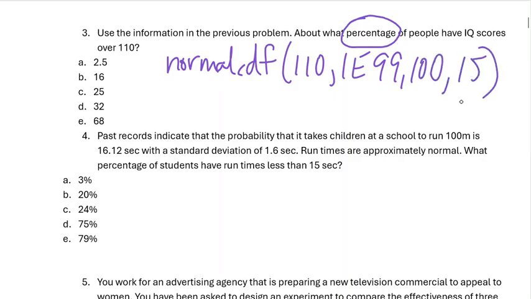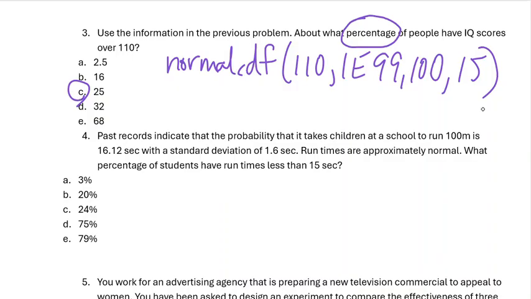It's not a sampling distribution problem. We just want to know the percentage that will have scores like that. And when we do it, 110, 1E99, we have about 25% is what the answer is going to come out to be.